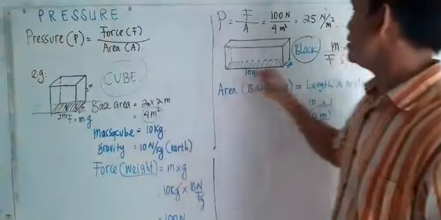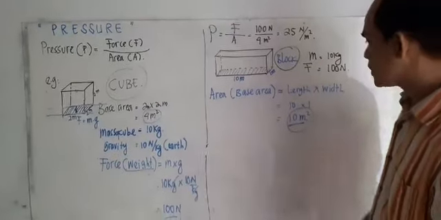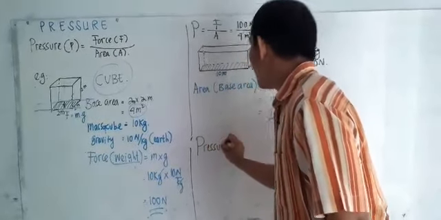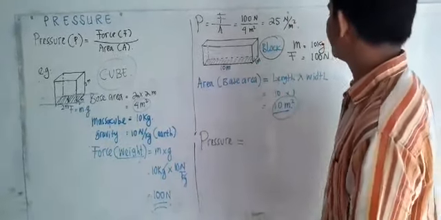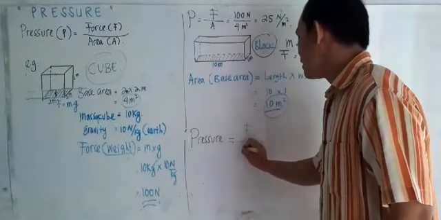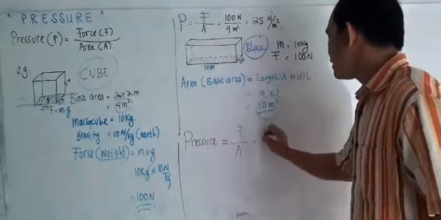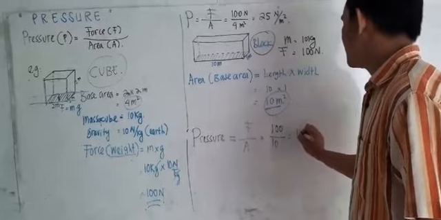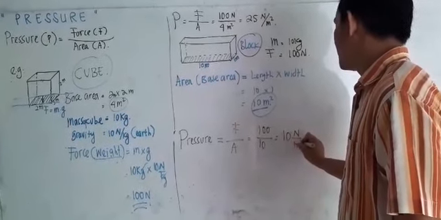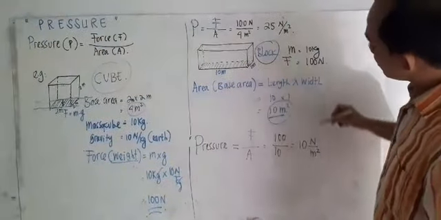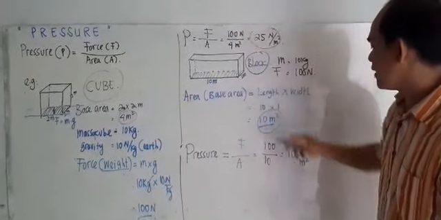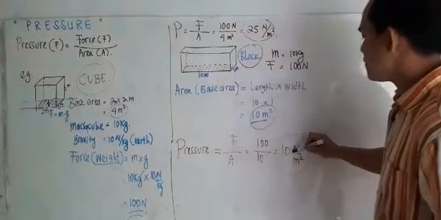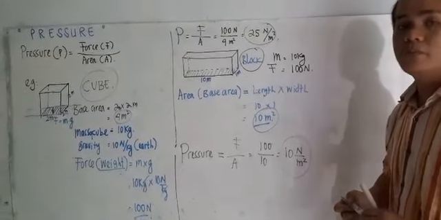The pressure of the block is force divided by area, which is 100 Newton divided by 10, equal to 10 Newton per meter squared. The first pressure is 25 and the second pressure is 10 Newton per meter squared.